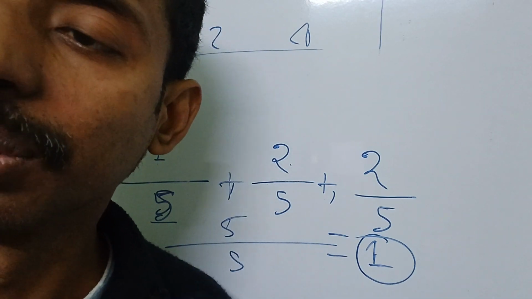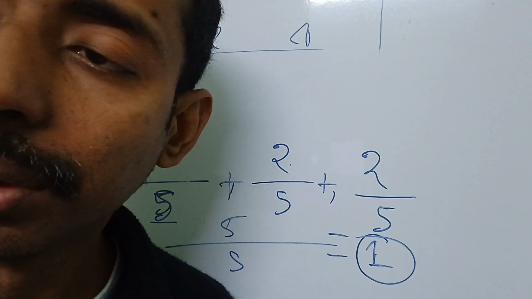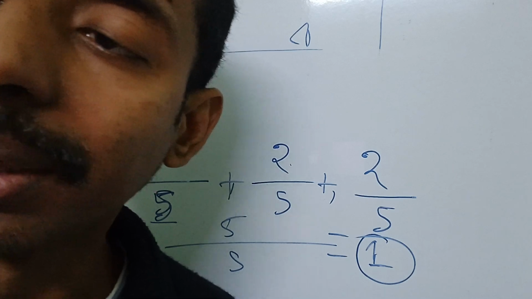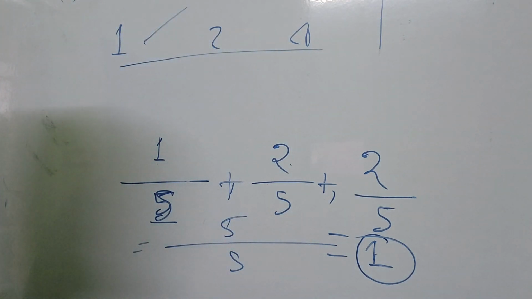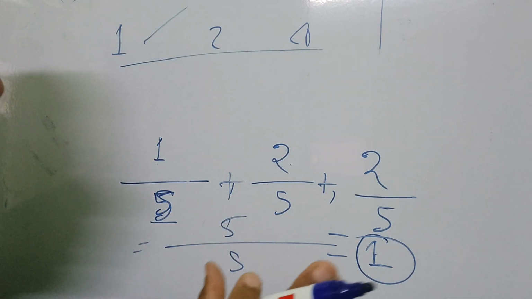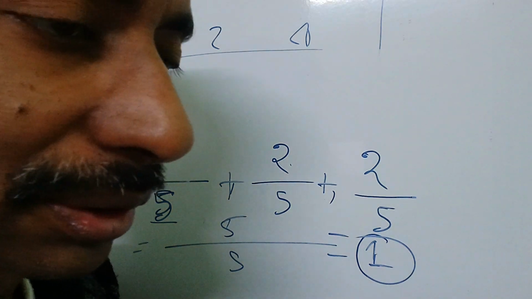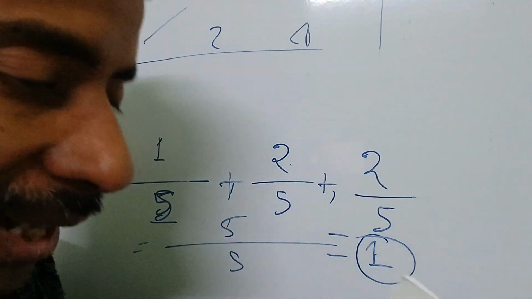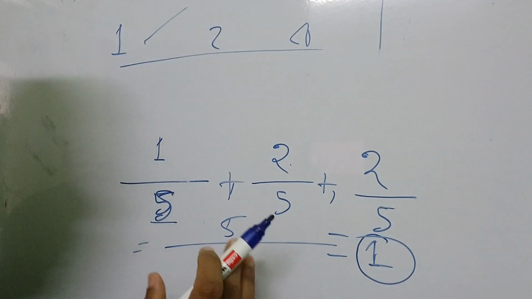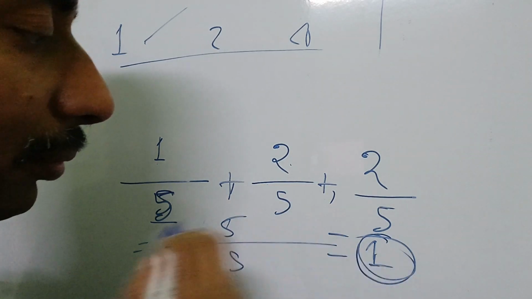This type of concept would help you find shortcut methods. That's clear: if you break something into equal parts and add all the fractional parts, the sum would be 1.